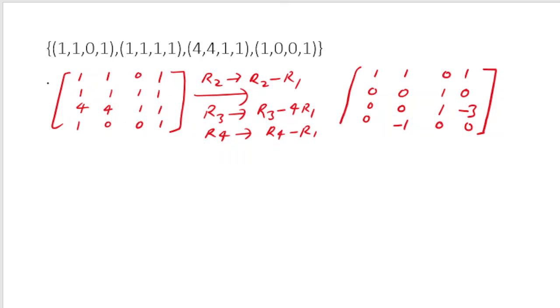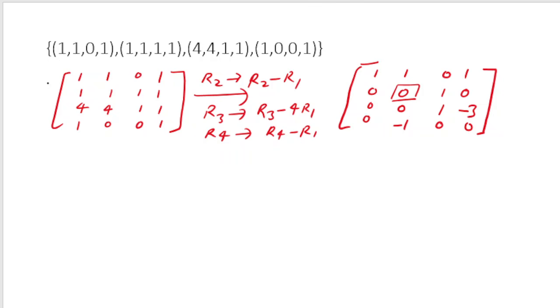Okay, so you noted that I have reduced everything below this element to 0. Now if I go into the second row, we got a 0 element. So when we get a 0 element, what do we do? We look down the column to find a non-zero element. So this is also 0, but this is not 0.